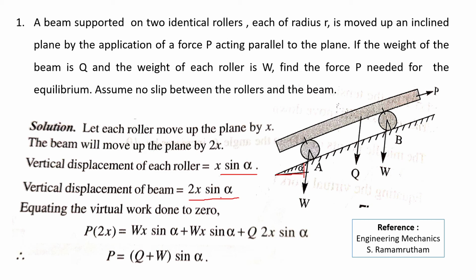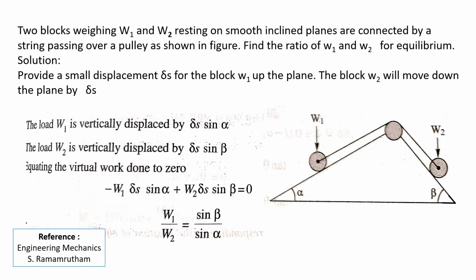Now equating the work done, multiplying with the force, what we get here is P into 2x, that is the force applied on this beam into 2x, is equal to Wx sin alpha plus Wx sin alpha, this is the work done by the roller weights, and Q into 2x sin alpha, the work done by the beam's self weight, right? So this is the relationship, dear students, we get for P: the value of P is equal to (Q plus W) into sin alpha. So by changing the magnitudes, we can find out the value of P.